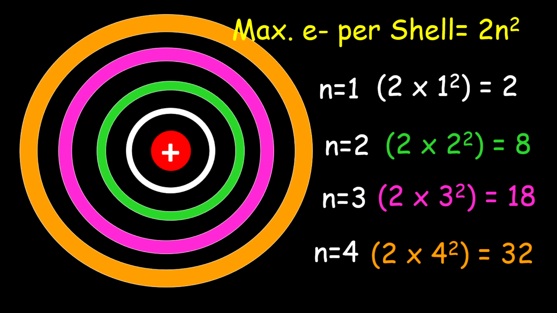Now for the fourth shell, you'll have n equal to 4, and so it will equal 2 times 4 squared. 4 squared is 16. 16 times 2 is 32. So there are 32 maximum electrons on the fourth shell. And so the first shell holds a maximum of 2, the second 8, the third 18, and the fourth 32. And you can go ahead and practice for the fifth, sixth, and seventh shells. So you can just put different numbers for n and practice.